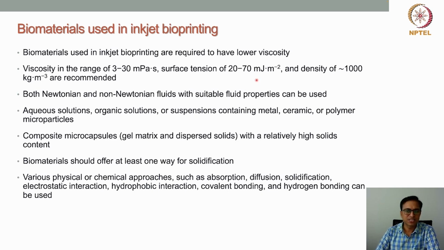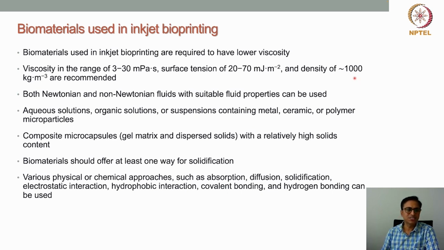Similarly, surface tension is also a very important process parameter for this inkjet bioprinting technology, and the surface tension for this biomaterial formulation should be between 20 to 70 millijoule per meter square. And the density of the material should be around 1000 kg per meter square.